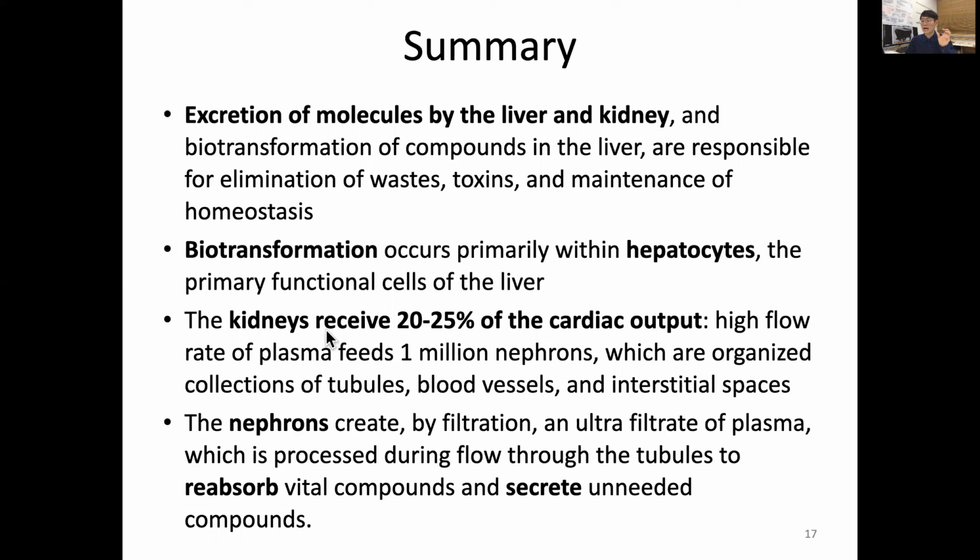This high flow rate of plasma feeds over 1 million nephrons, which are organized collections of tubules, blood vessels, and interstitial spaces. These nephrons perform a critical function by filtration to create an ultrafiltrate of plasma, which then flows through the tubules to reabsorb our vital compounds and secrete unnecessary compounds.